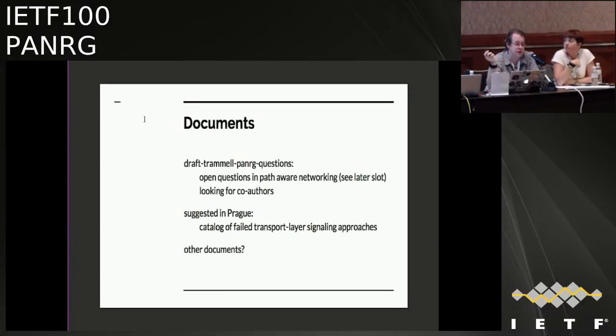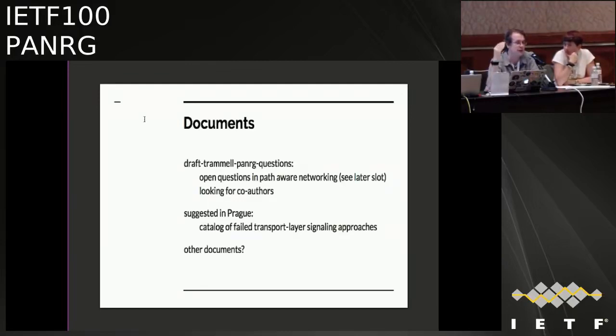This research group has one document that I wrote, Draft Trammel Panrg questions. This is essentially just a list of open questions. This is not anything from the chair. This is just, I'm interested in this topic, and this is what I think the open questions on that are.